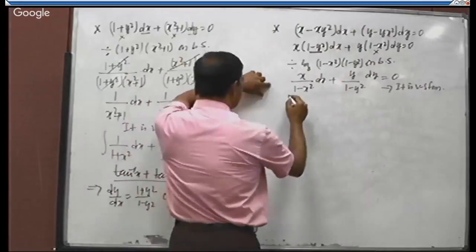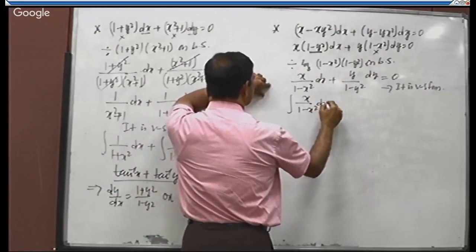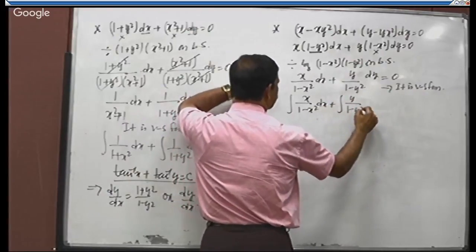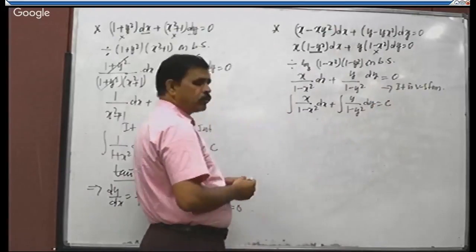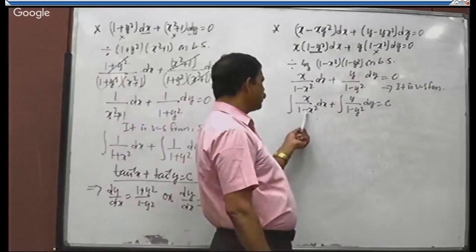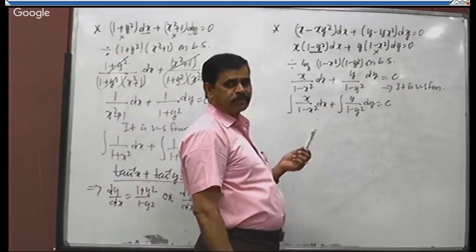On integrating, it becomes ∫x/(1 − x²) dx + ∫y/(1 − y²) dy = c. How to integrate this? What is the procedure we have to follow? It is not an ordinary integral like the previous examples.